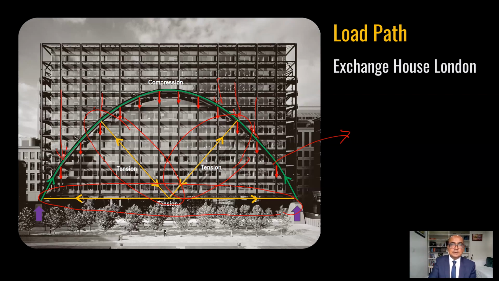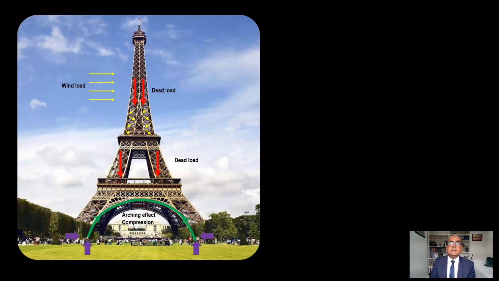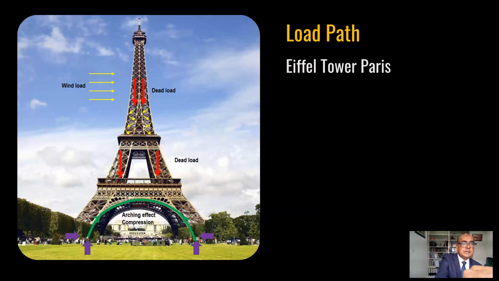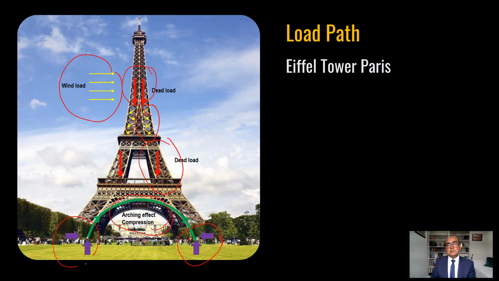The second example, a very useful example, is the Eiffel Tower, where wind load is being applied like this, and the force, the dead load, is transferred through this bracing system, yellow arrows, and then again it is transferred here. At the bottom, you can see the reaction, and here this arch is giving us compression, and finally it is transferred to the ground.